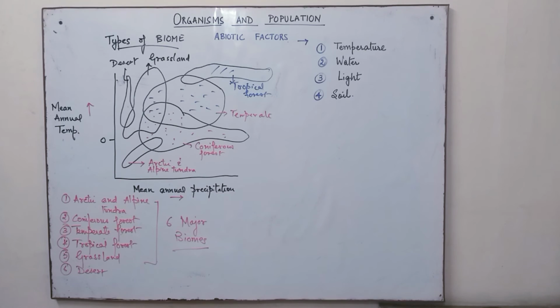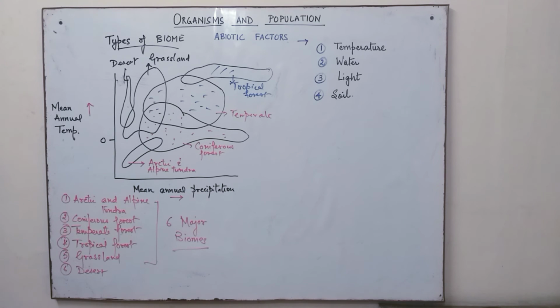Now, let us understand why or how these biomes are formed. The biomes are formed due to the rotation and the revolution of our planet, and also the tilt of the earth. This revolution, rotation and tilt causes variation in the temperature, that is changes in the intensity and duration of light, which directly affects the temperature, increase and decrease, and also affects the seasons.